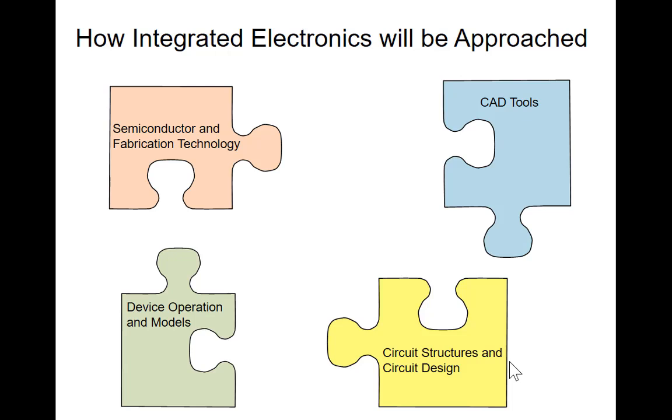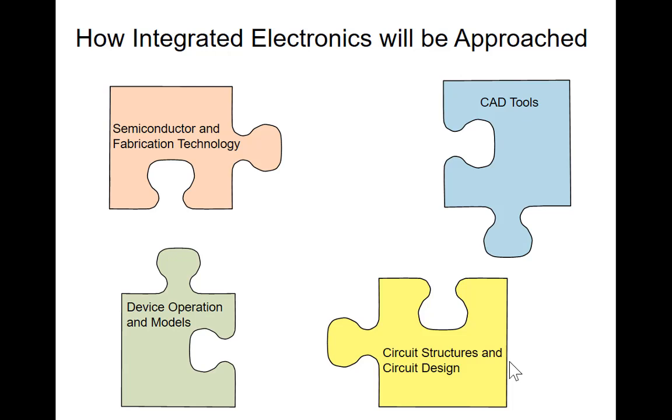We have to have device models so we understand how the transistors themselves work and the other components. And then we have to look at circuit structures and design. I can talk about any one of these 4, or Dr. Cheng can talk about any one of these 4 areas, but without knowledge of the other 3 areas, it's going to be difficult to see the big picture, how this all fits together.